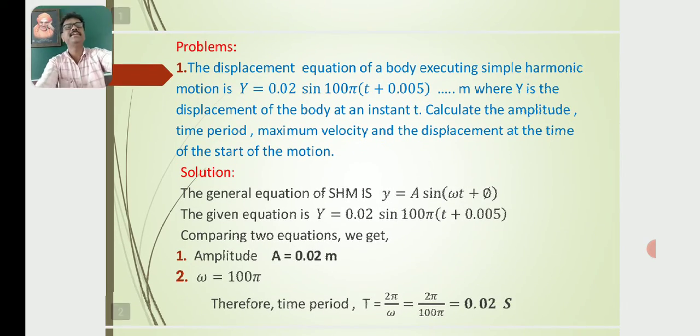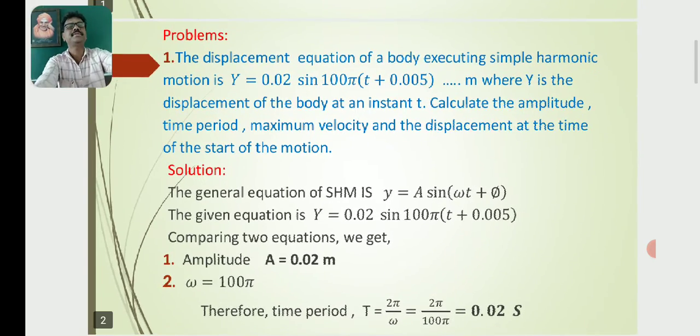So let us consider the first one. You see the question of the problem. The displacement equation of a body executing simple harmonic motion is y is equal to 0.02 sine of (100 pi t plus 0.005).